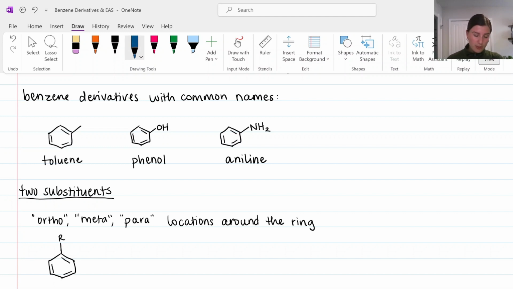If the other substituent is on the adjacent carbon to that R group or to whatever group is on the ring, we call that the ortho position. So that carbon would be ortho, and the carbon to the left would be ortho.